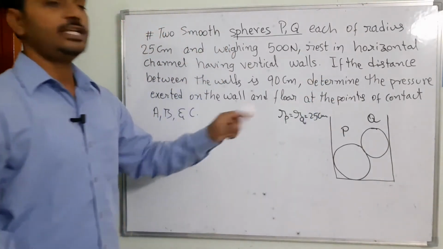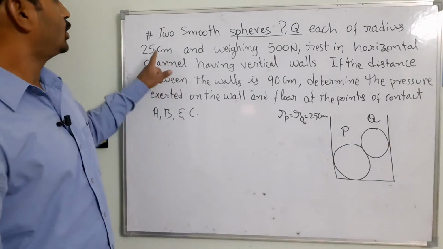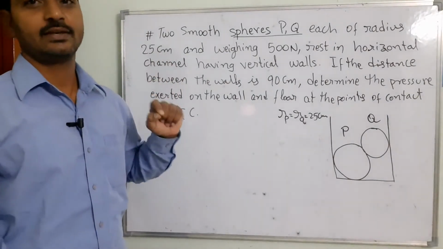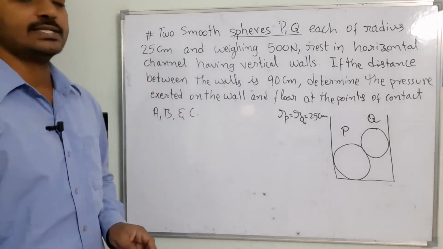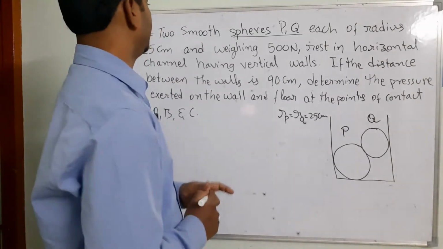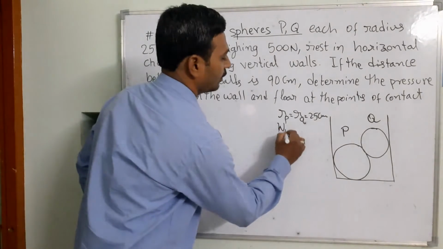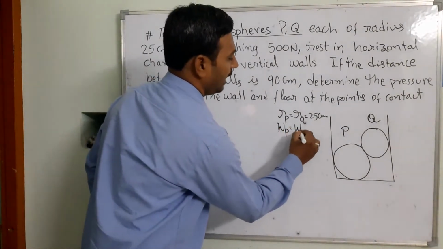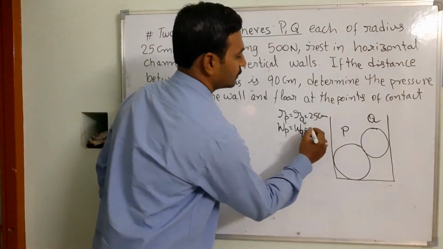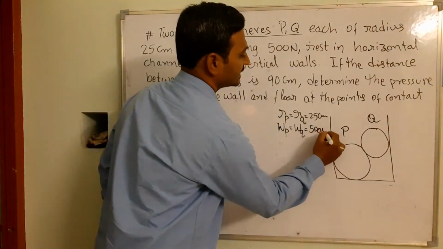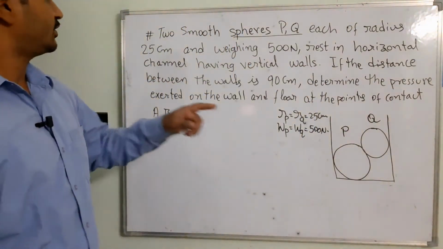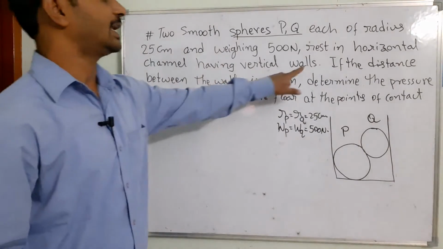It means the diameter is 50 centimeters. Each sphere weighs 500 newtons, so the weight of P and the weight of Q are each 500 newtons. They rest in a horizontal channel having vertical walls.